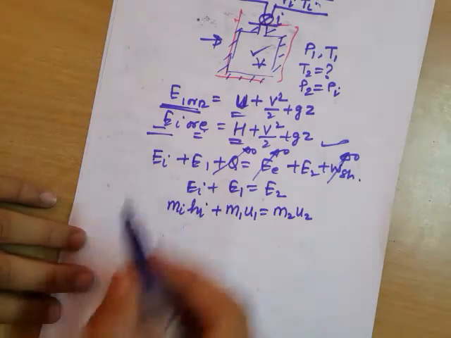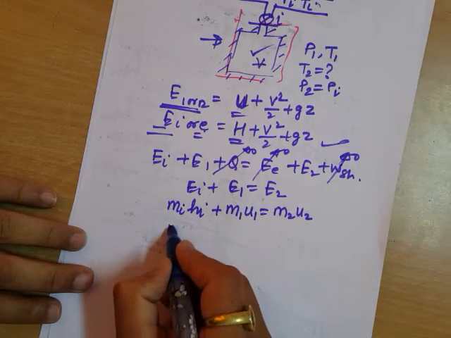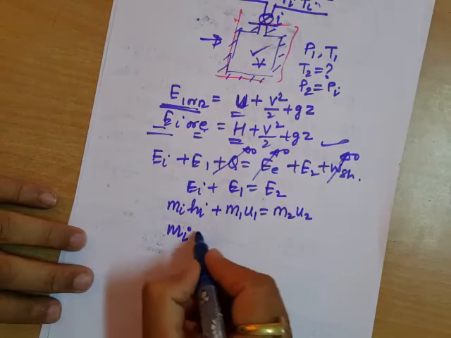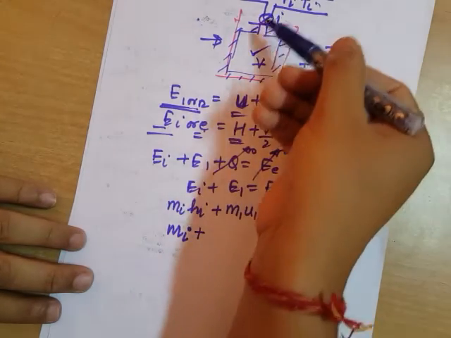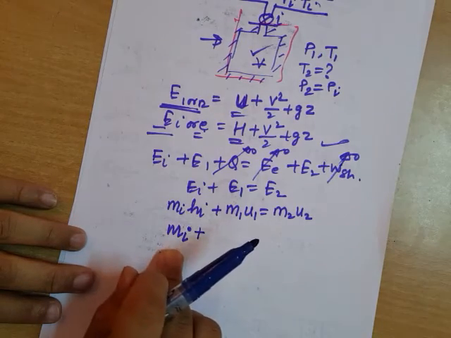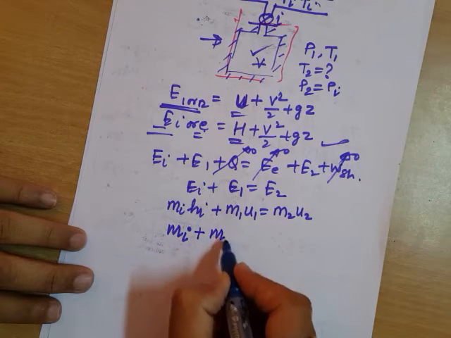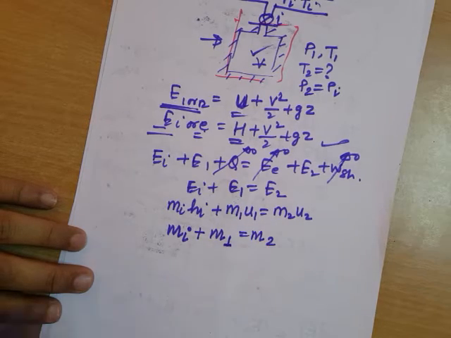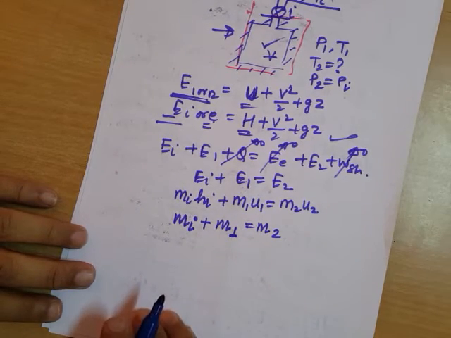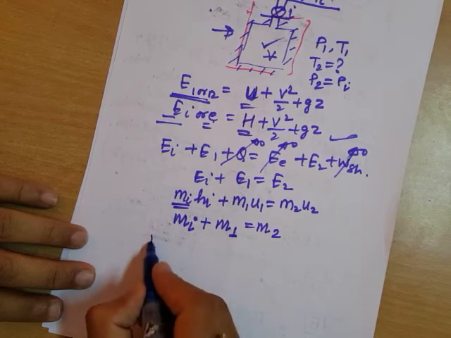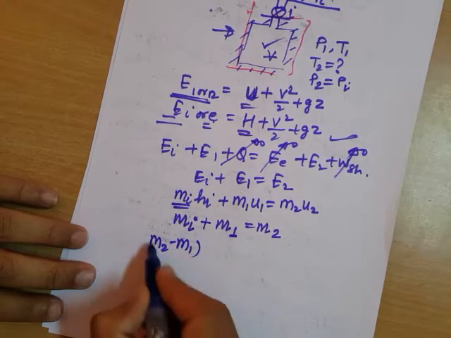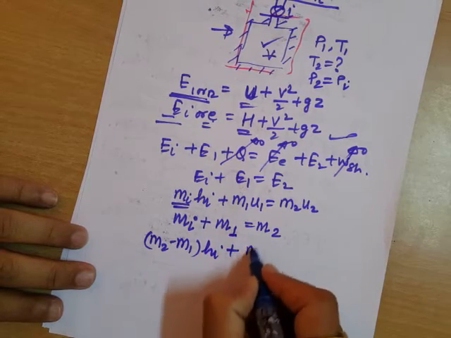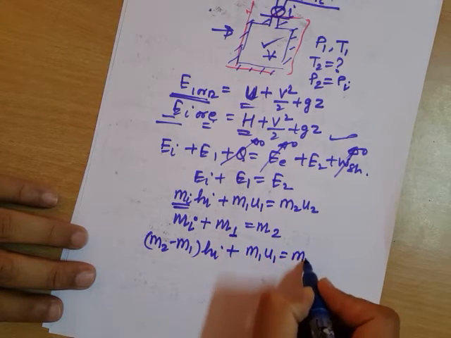So firstly solving for mass conservation, and mass conservation says the total amount of mass which enters in this control volume plus the amount of mass previously there in the control volume will be equal to the amount of mass at the end of this process in the control volume. So replacing this Mi by M2 minus M1: (M2 minus M1) Hi plus M1 U1 is equal to M2 U2.